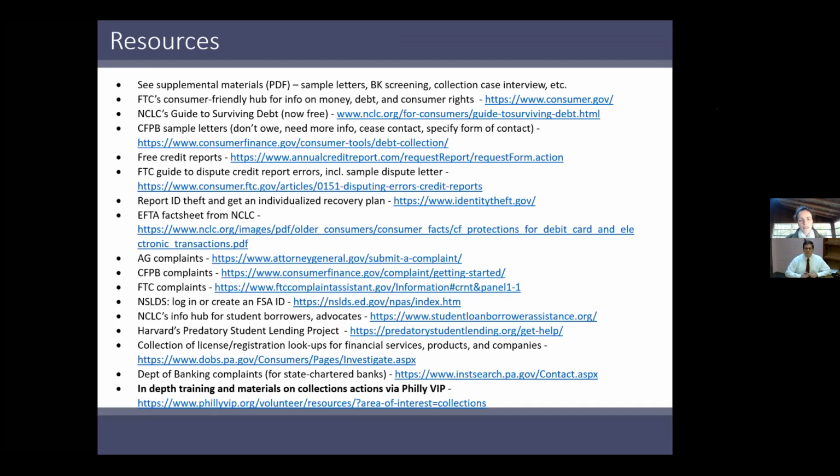So if you're someone that takes these cases already and you're looking for that more in-depth level, that's one place to start. And I think that's it. I would also point people to the supplemental materials. That's where you can find all the sample letters for your clients or for you to use.